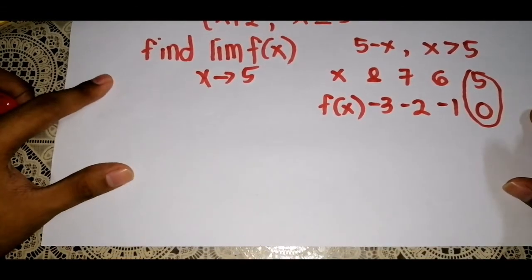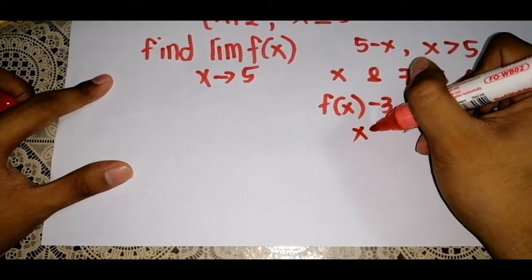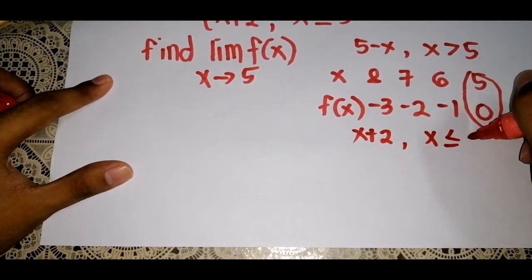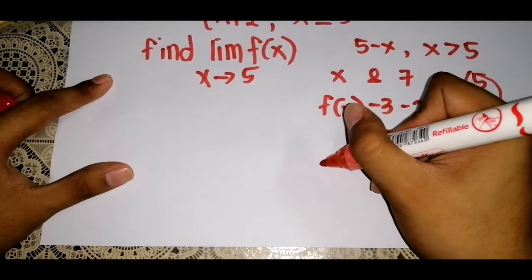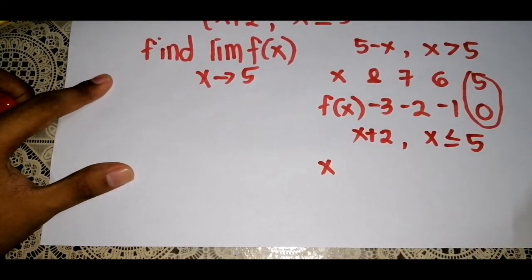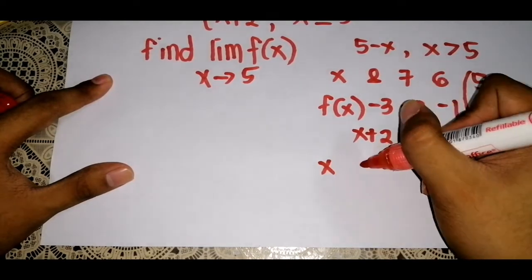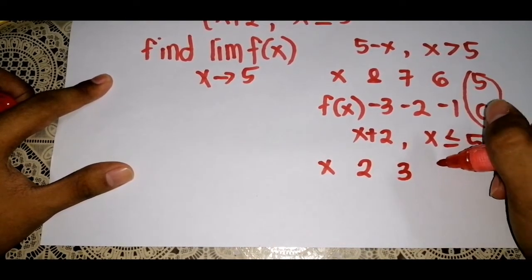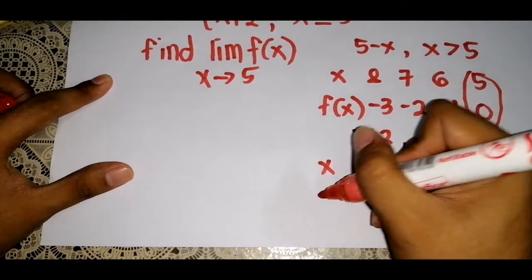Try natin yung pangalawang function na x plus 2 when x is less than or equal to 5. So, ano yung mga values na gagamitin natin less than or equal to 5? So, we have 2, 3, 4, and 5.